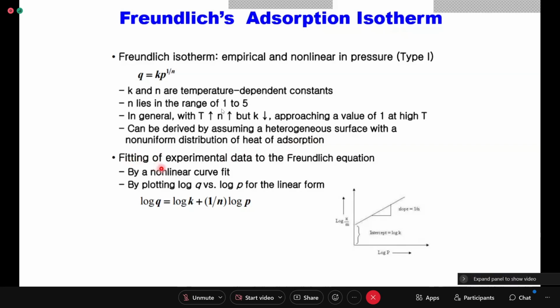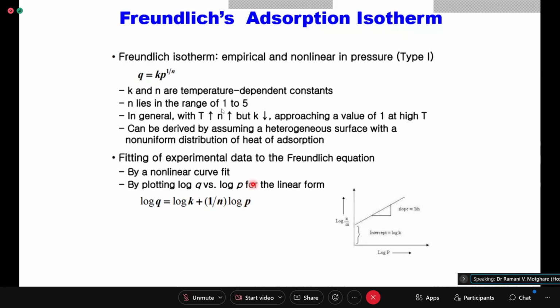Experimental data is fitted to the Freundlich equation by a nonlinear curve fit, and by plotting log x by m versus log p for the linear form. So the linearized form of your equation becomes log x by m is equal to log k plus 1 by n log p or Ce. Okay.